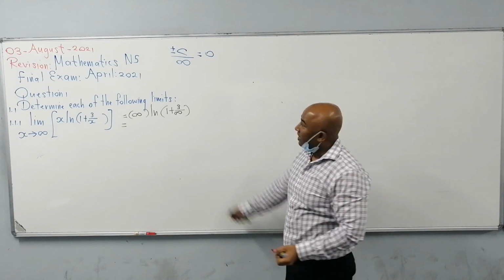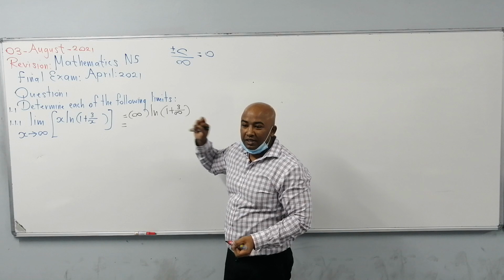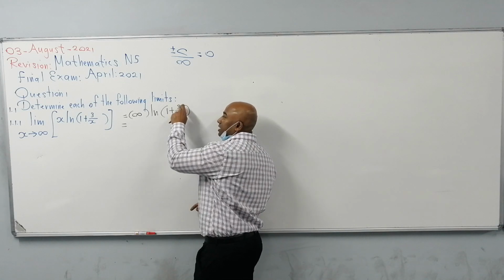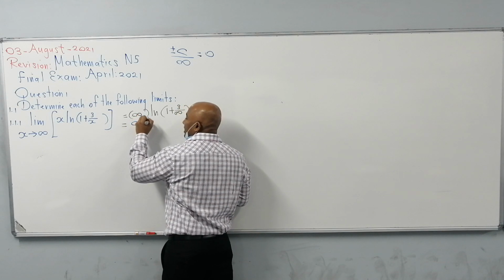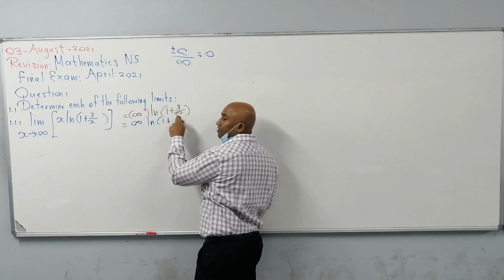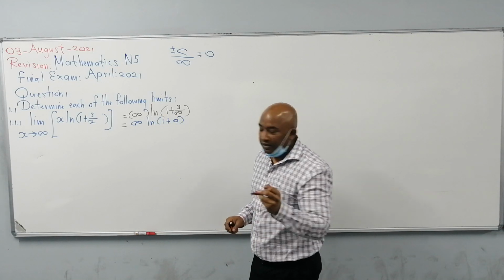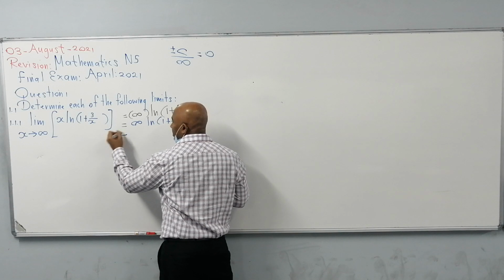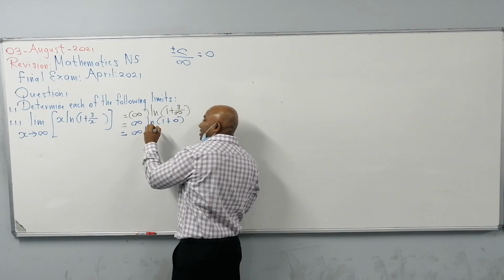So 3 divided by infinity is 0. So now I have infinity, then ln of 1 plus 0, which is ln of 1.